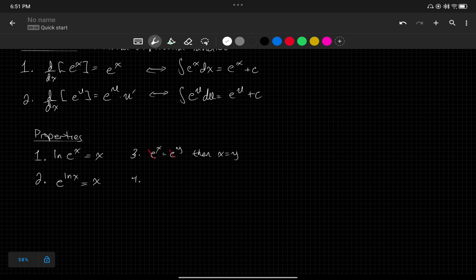The log version, if you have the same logarithm on both sides, in this case ln of x and ln of y, then x equals y. So same idea. The fact that you have the same log on both sides allows you to cancel.